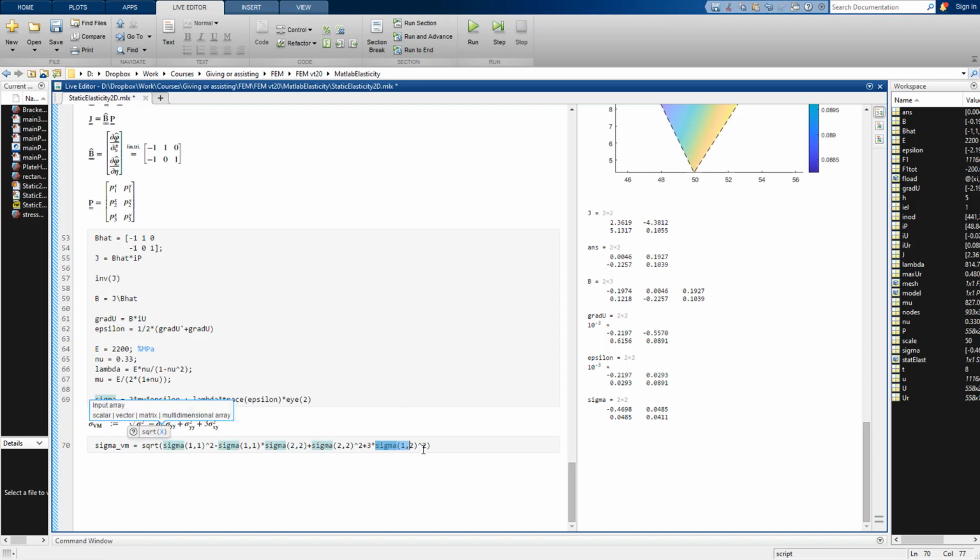And just use sigma 12 because they are symmetric. They are quite symmetric here. If we run this, this is our von Mises.